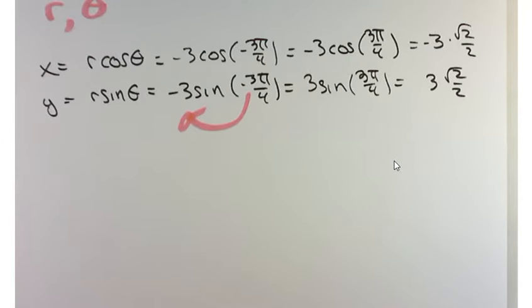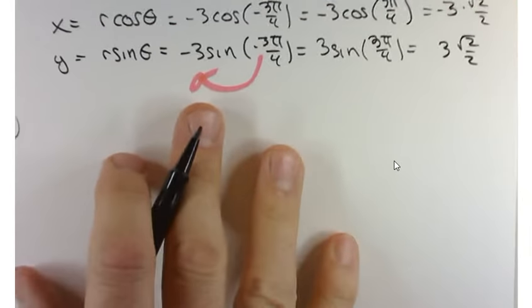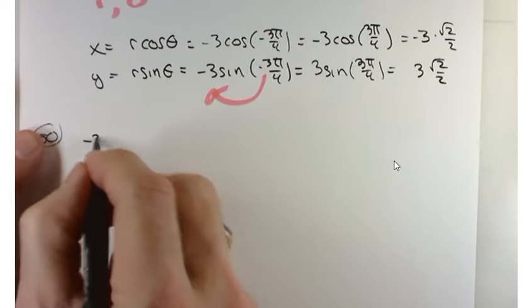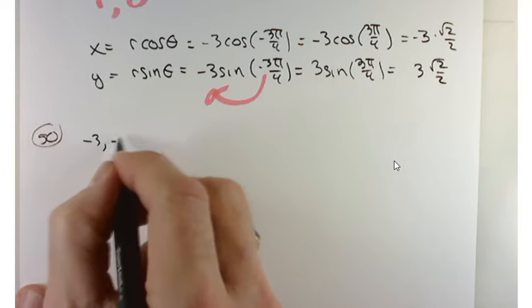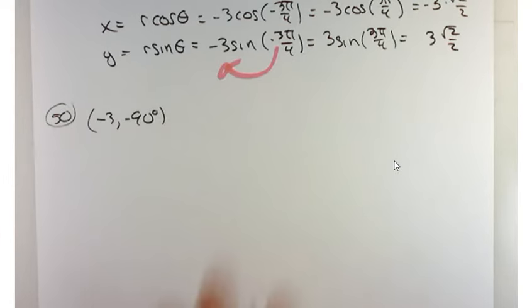One last one like this. Problem number 50. We'll do 50 two different ways. Problem number 50 is negative 3 and negative 90 degrees. We can do a kind of brute force approach.